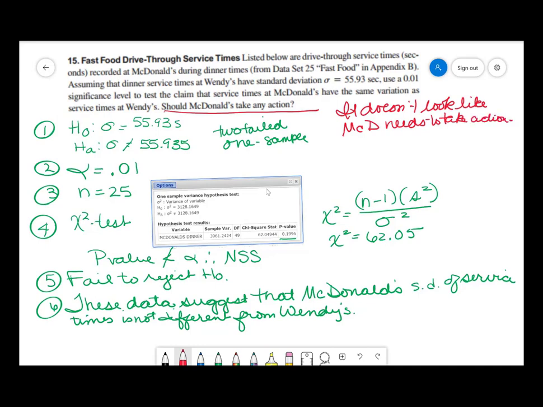So when you have this and there's another question besides your significance test, you need to address that separately. So I hope this helps with how to work through testing a claim with standard deviations.